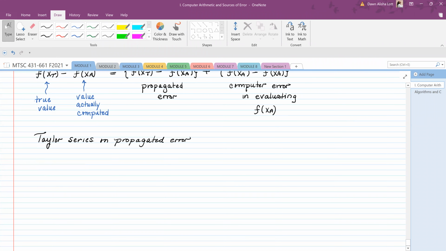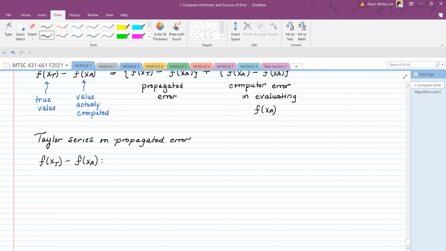So we know we're trying to do f of x true minus f of x approximate. So that's what we want to calculate.